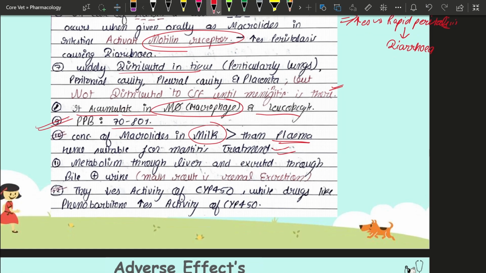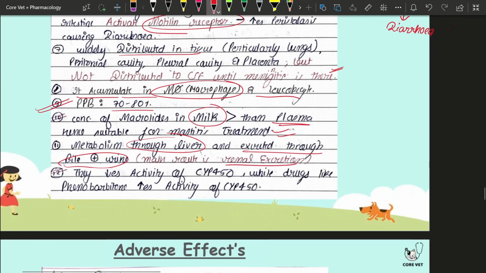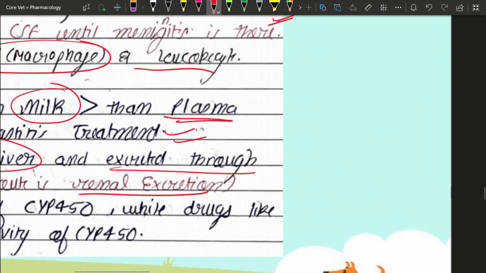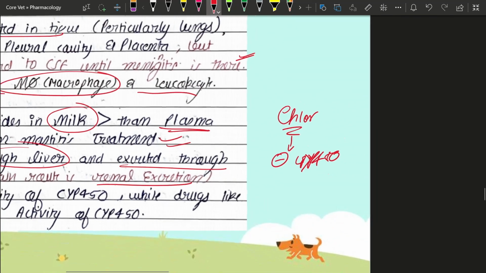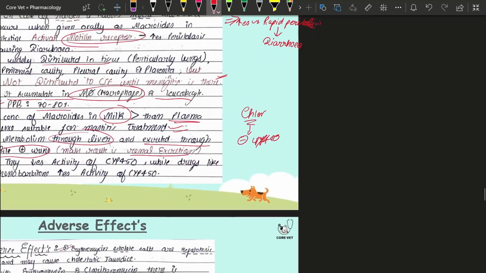If we talk about metabolism, metabolism occurs in the liver and the drug is excreted through bile and urine as well. If we talk about the major route of excretion, it's renal excretion. Okay, similar to chloramphenicol, which was inhibiting cytochrome P450, right?